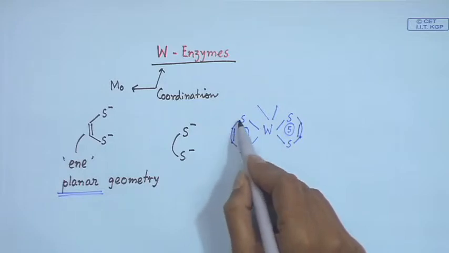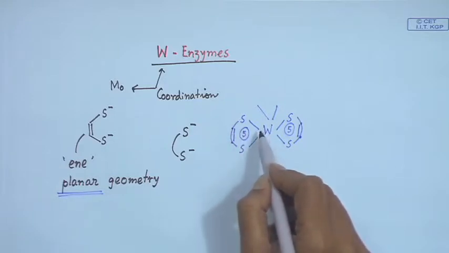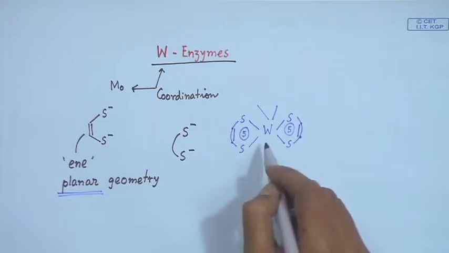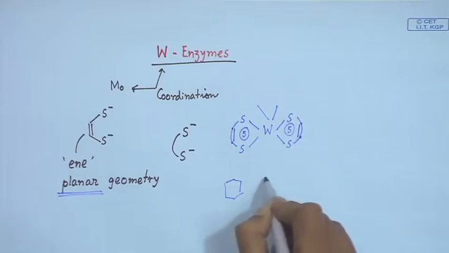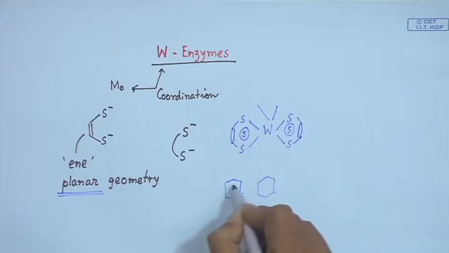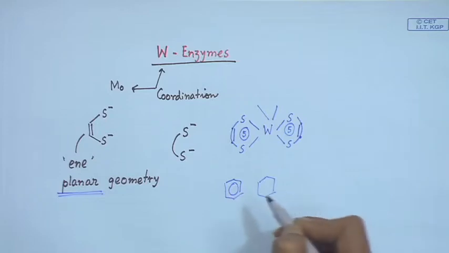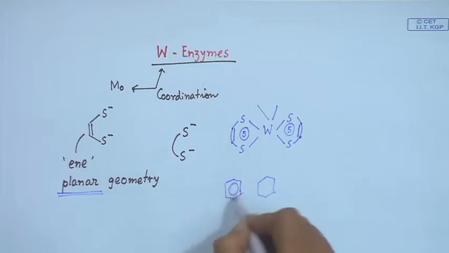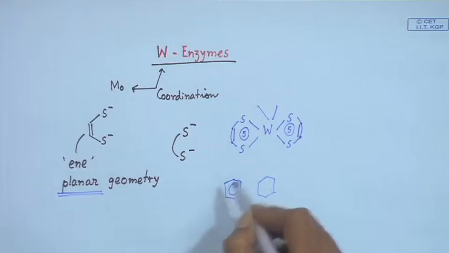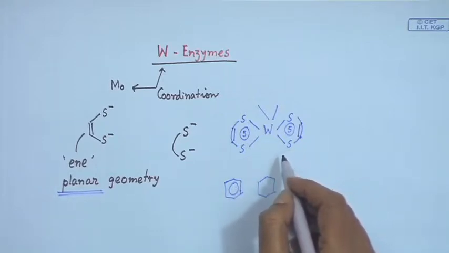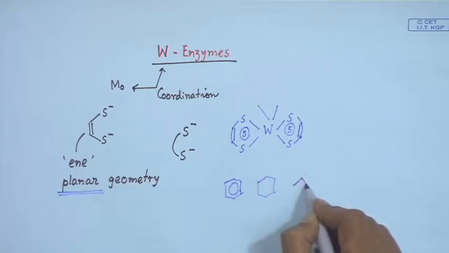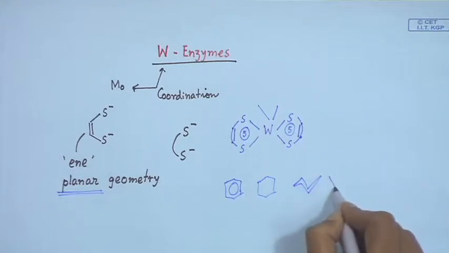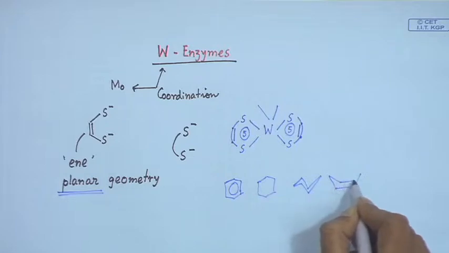If it is a reduced one, the 5-membered ring can be puckered, like our benzene and cyclohexane comparison, because we all know that a benzene ring, due to the presence of the double bond, always tries to retain its planar geometry when it is part of the protein chain or any other organic molecule, but a cyclohexane ring can have different geometries. One is the corresponding chair form and another is its corresponding boat form.